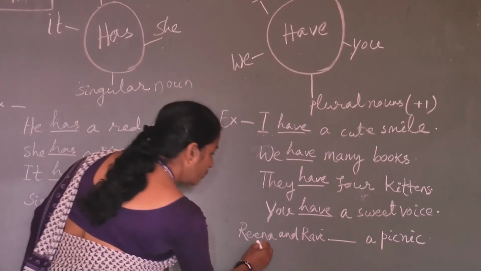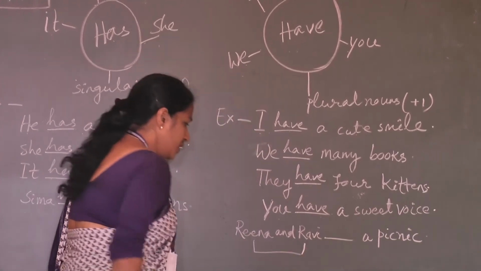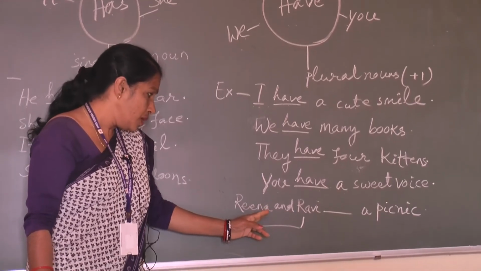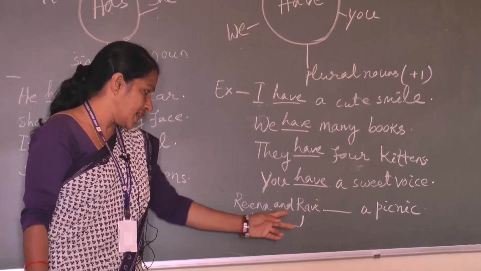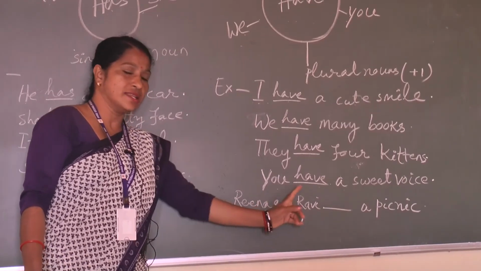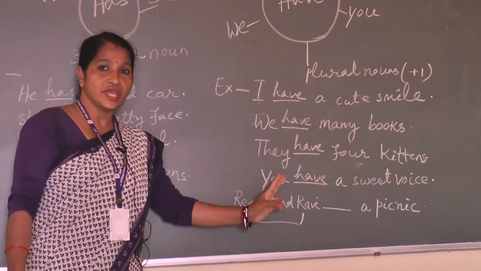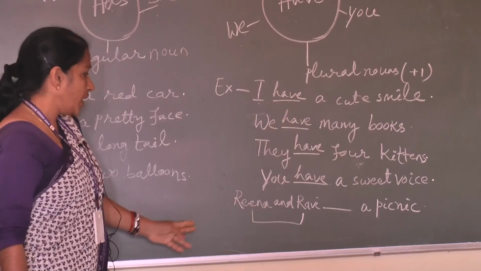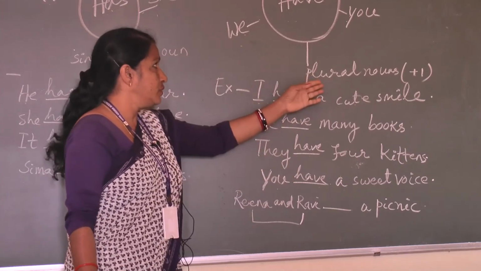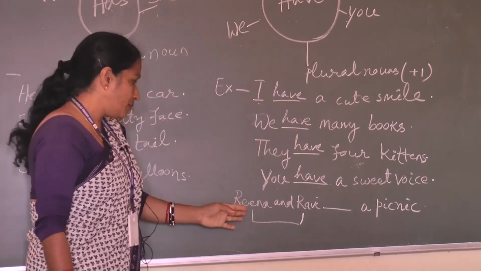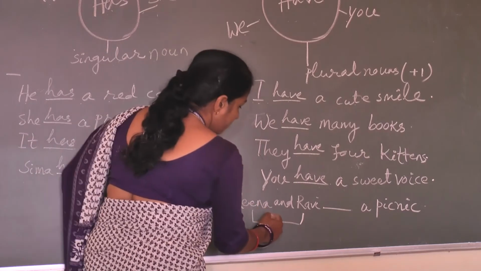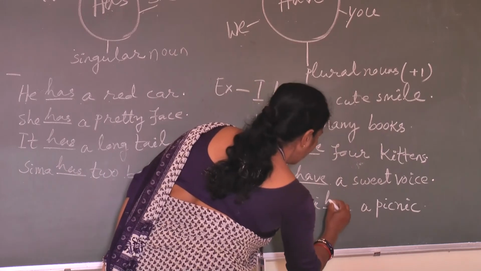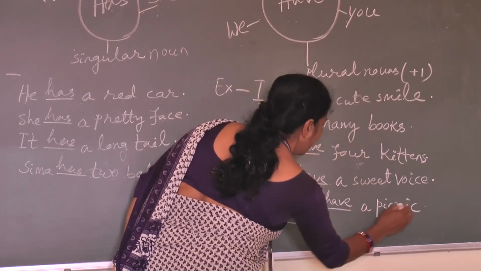They are plural nouns. Two persons are here, one is Rina, another is Robbie. They are more than one, means they are plural nouns. Okay, for plural nouns we are using have. So we have to use have here. Let's fill in the blanks. Rina and Robbie have a picnic.